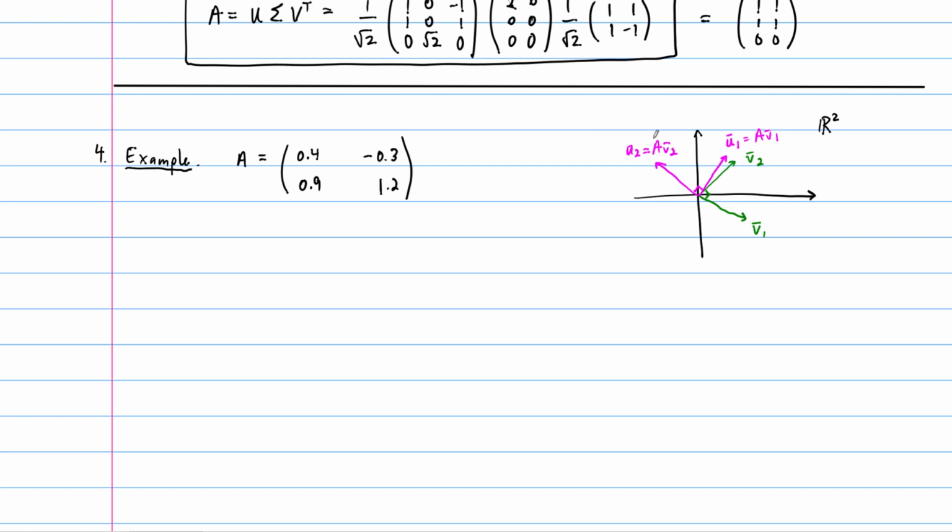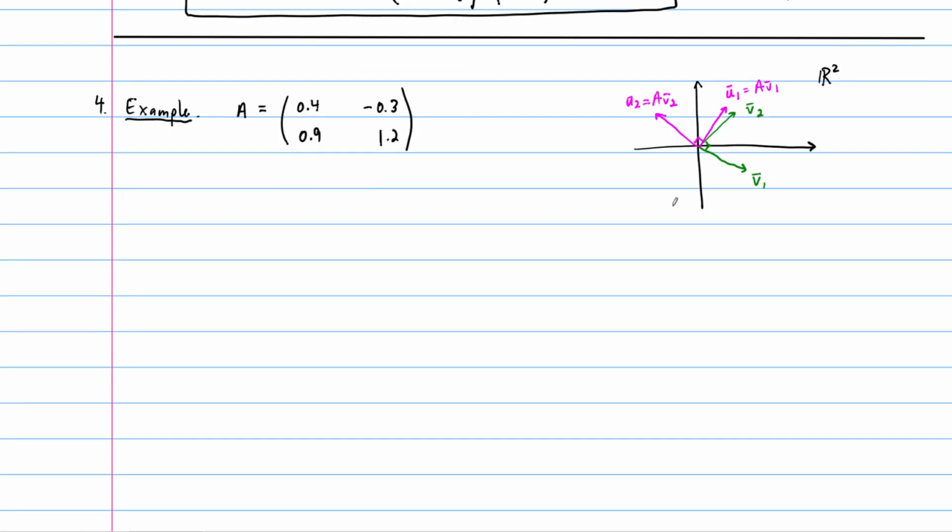And so this is the geometry of the situation. We need to find these vectors so that applying A preserves the orthogonality at least, and then we can make them unit vectors if necessary. But we need to preserve the orthogonality of these basis vectors here. All right, so this is the idea.